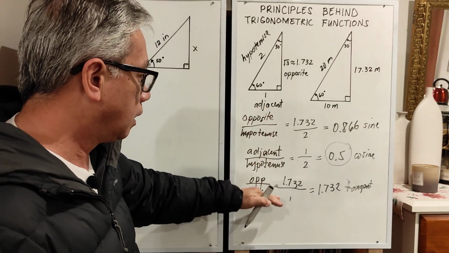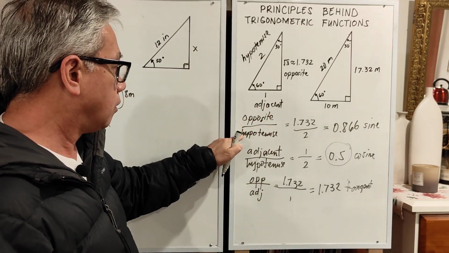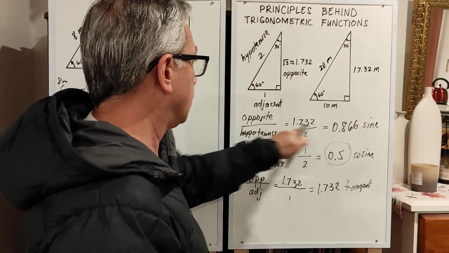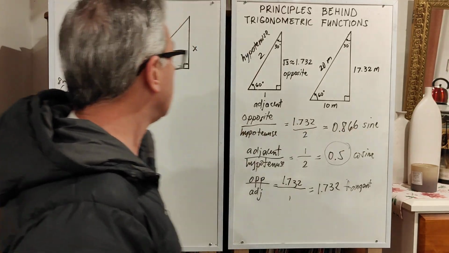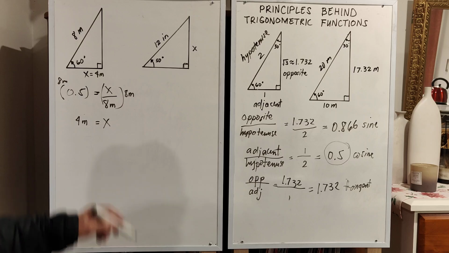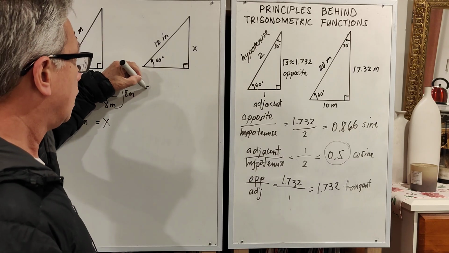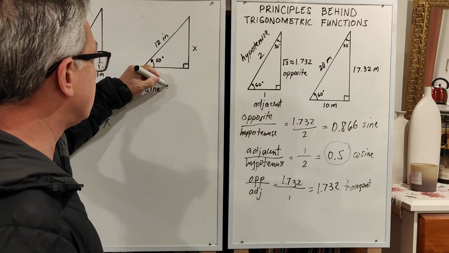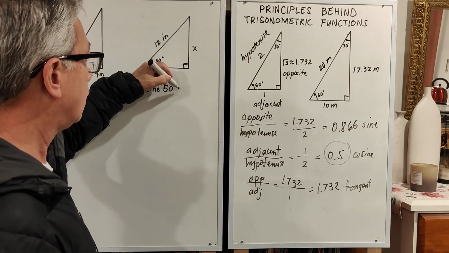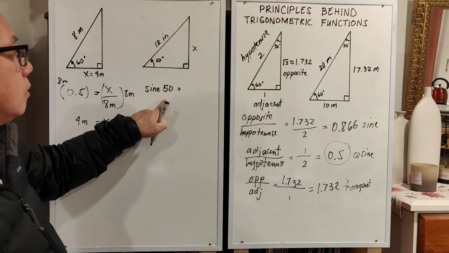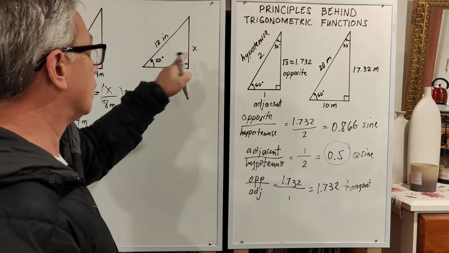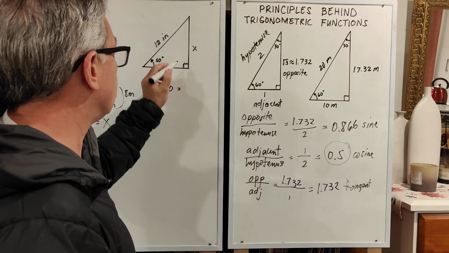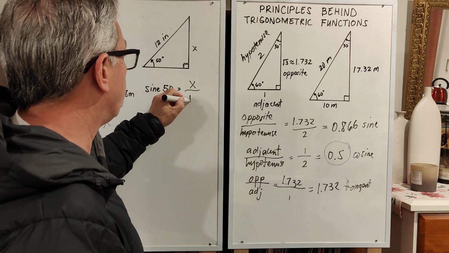If we look at these ratios, it will be this one, sine. So we need to get the sine of 50 degrees, this ratio, and then we write this ratio, opposite over hypotenuse.